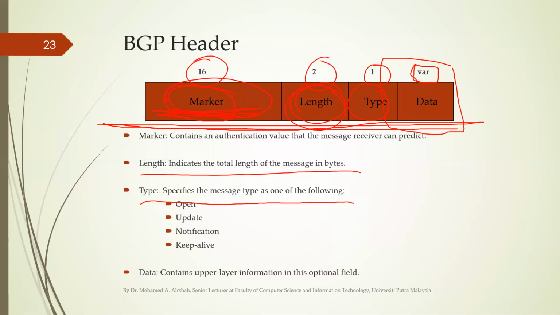As I explained last time during the lab session, when we travel among the layers, every layer has to attach its own header. So the upper layer information, including the upper layer headers, will be dealt with as data.